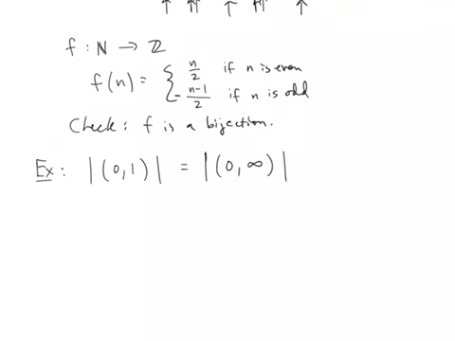Generally, you would think of the size of this interval as being 1, the length of the interval is 1, and the length of this interval is infinite. So this second interval is much bigger than the first interval, but that's only bigger in the sense of distance, and measuring distance is measuring something different. It's measuring the ability to pair off points, and in that sense, these are exactly the same size as sets.